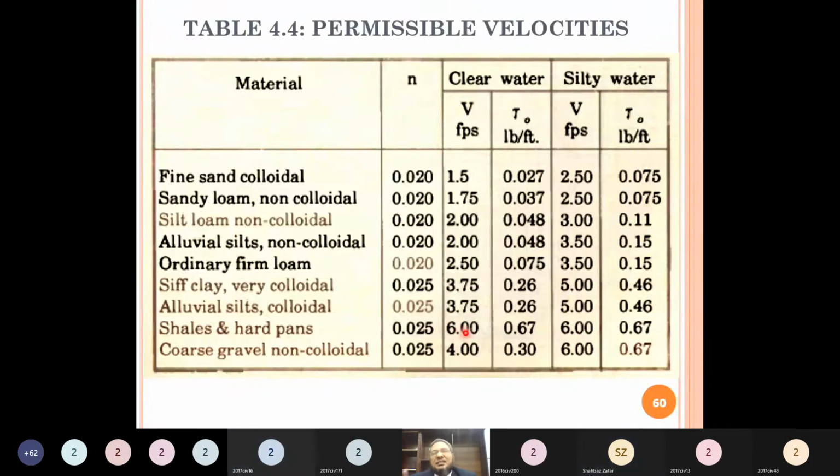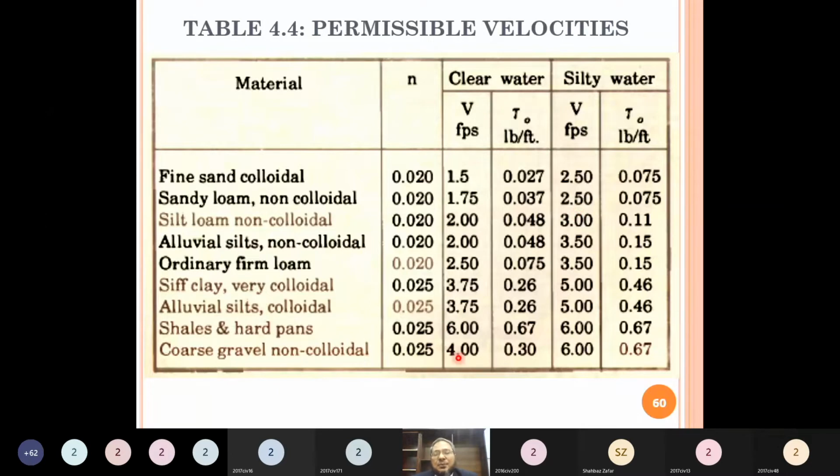This is the highest permissible velocity in the channel. For which type of material? Shales and hard pans. This is a very stiff soil. But for sandy loam, the value is only 1.75 feet per second if the water is clear. But if the water is silty, we can take 2.5. So this is how you have to consider this table.